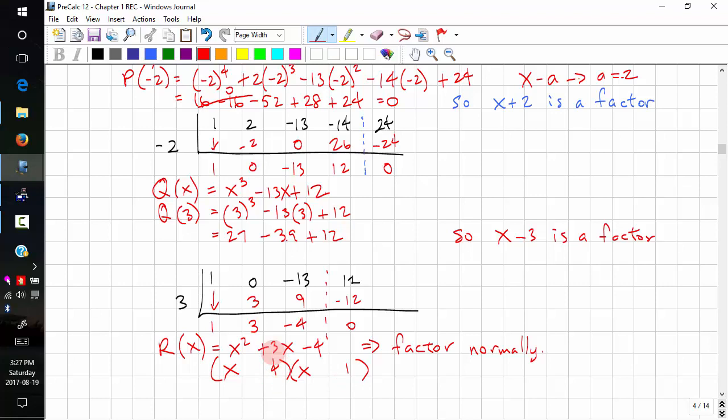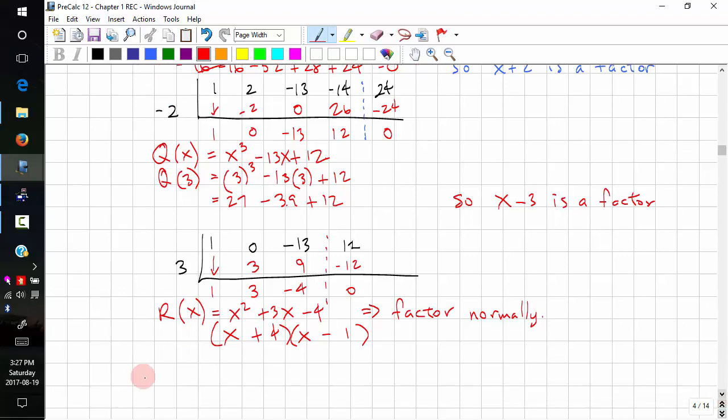And this is positive 3, so this must be positive, and this one's negative. So fully factored, P of X equals, our first factor is X plus 2, X minus 3, and X plus 4, and X minus 1.